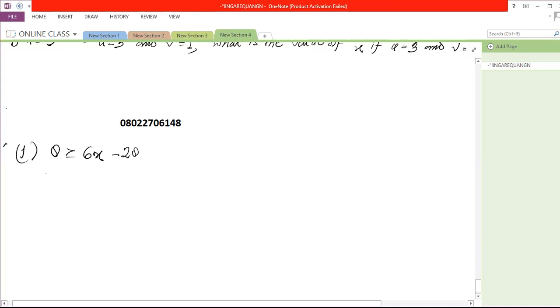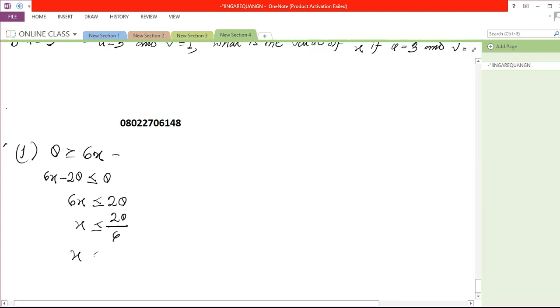I will solve it in 2 ways. The first one is to say that 6x minus 20 is less than or equal to 0. And that means 6x is less than or equal to 20. X is less than or equal to 20 over 6.